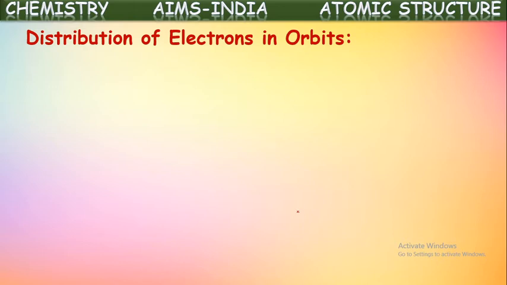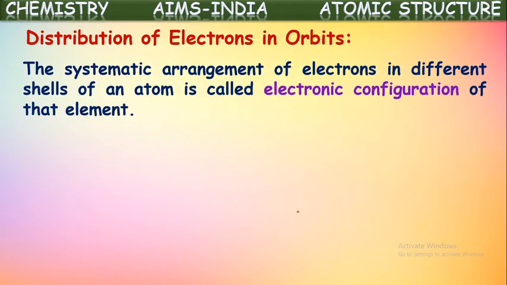Let us see that. This systematic arrangement of electrons in different shells or orbits of an atom is called the electronic configuration of that element. For every element, electrons are arranged in a systematic way.